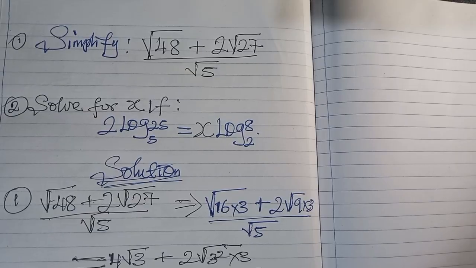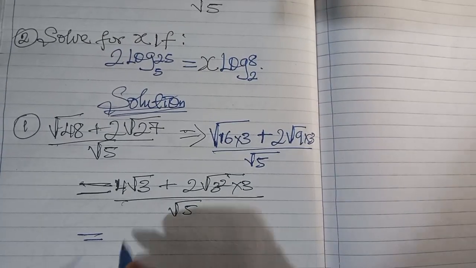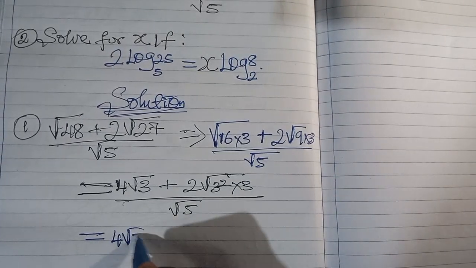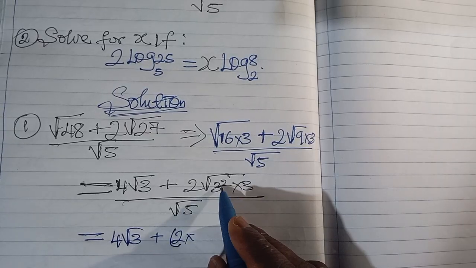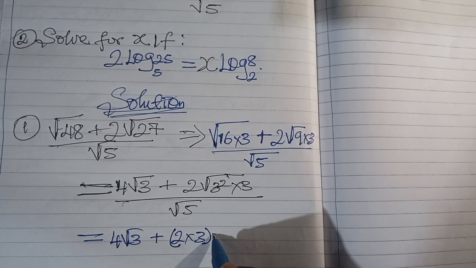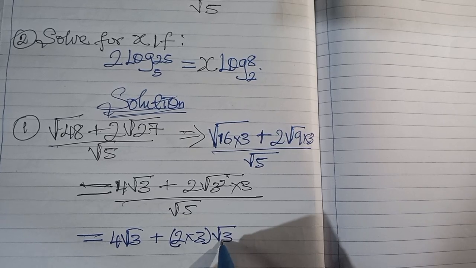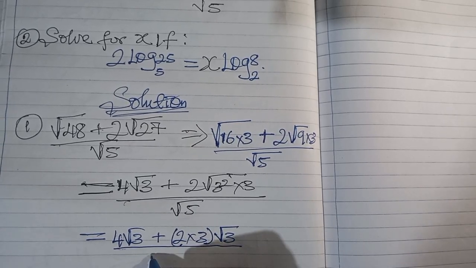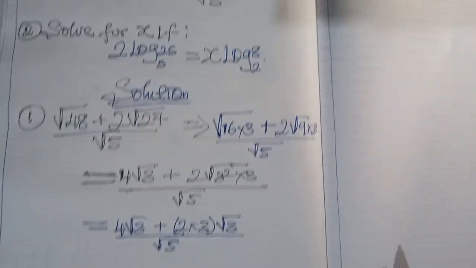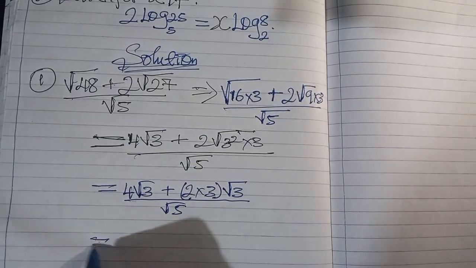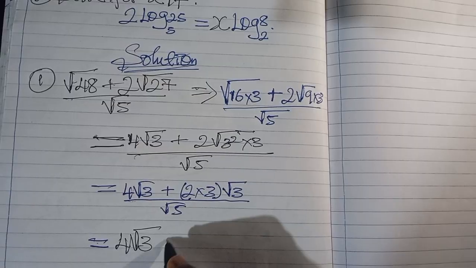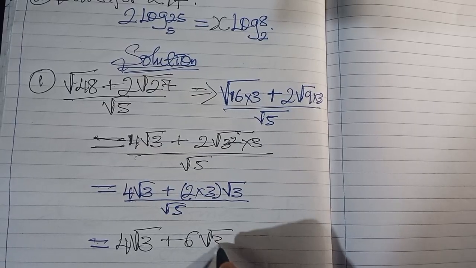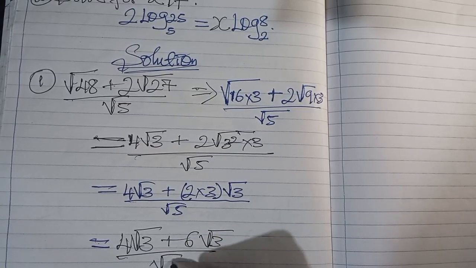So I can now have here 4 root 3 plus 2 multiplied by, pick one of these 3 because square root of 9 is already 3. Okay, then all in root 3 divided by root 5. So we now have 4 root 3 plus 6 root 3 divided by root 5.